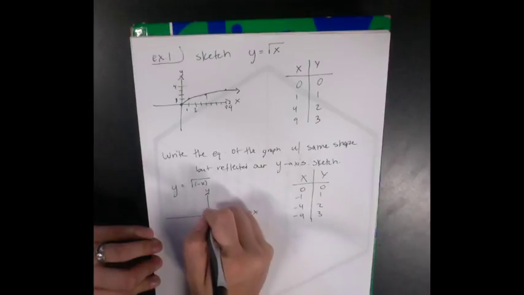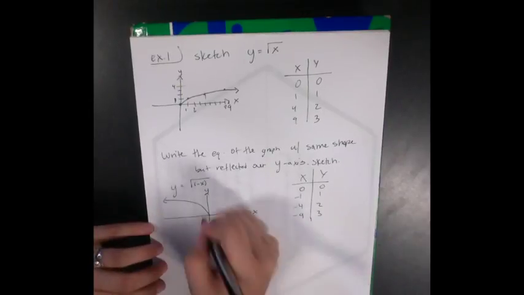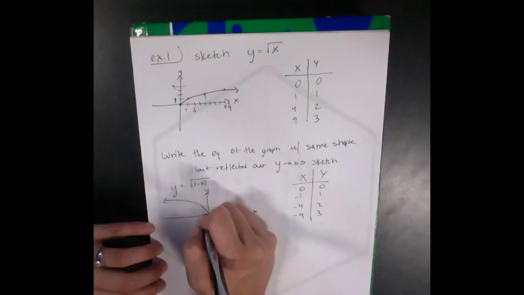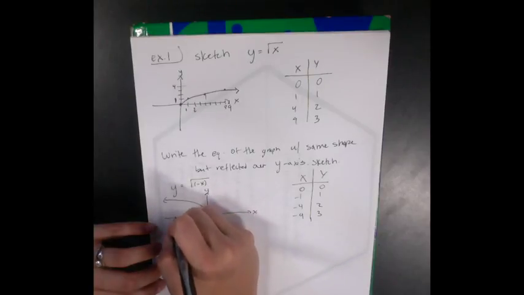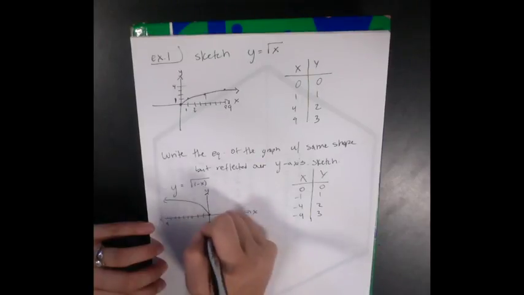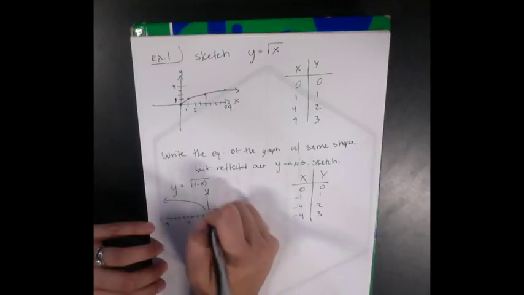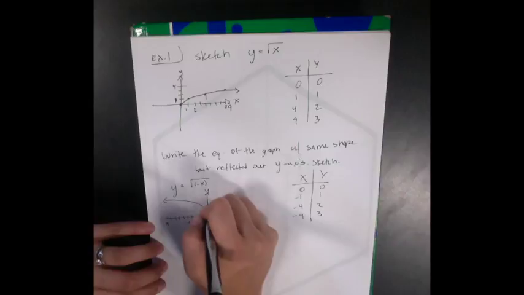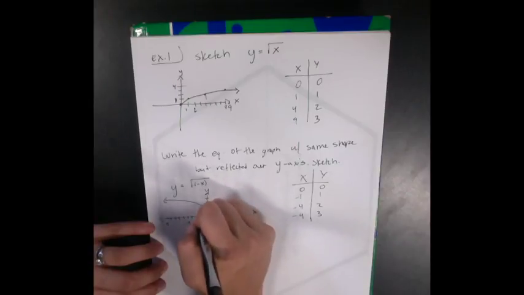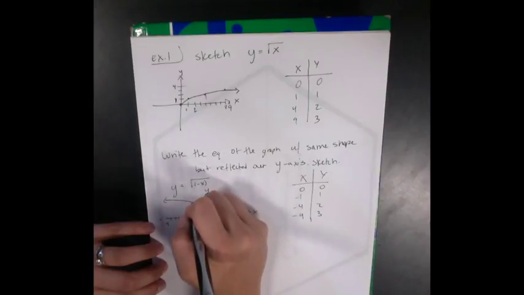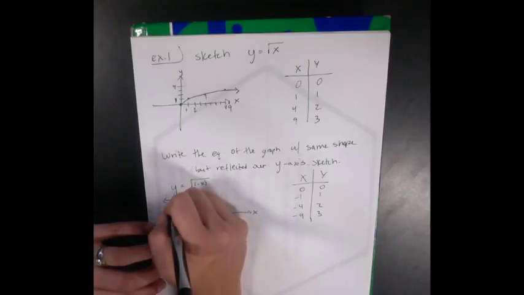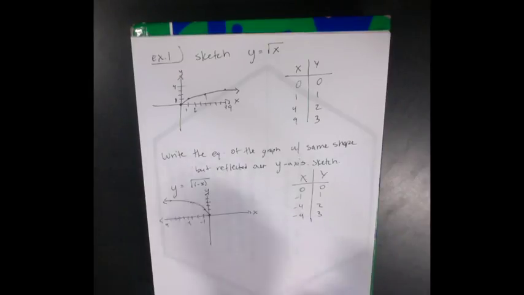And reflected across the y-axis means my graph looks like this. I still have to label points. This is negative 9, negative 1, negative 4. 1 is at 1, 2, 3, 4. 4 is at 2, almost. 9 is at 3. That's all that it's asking for.